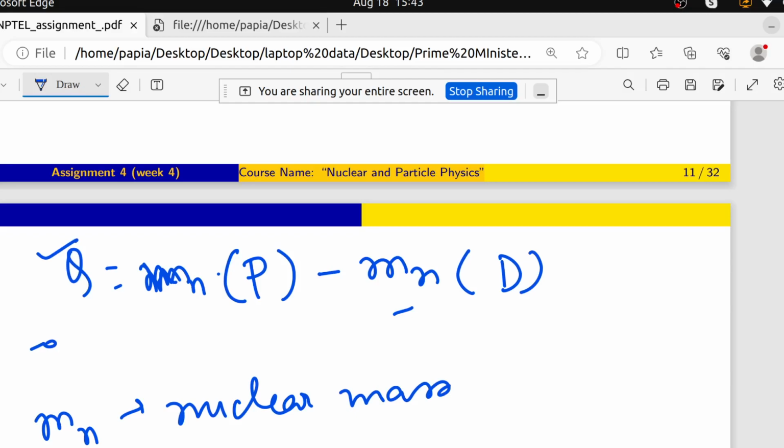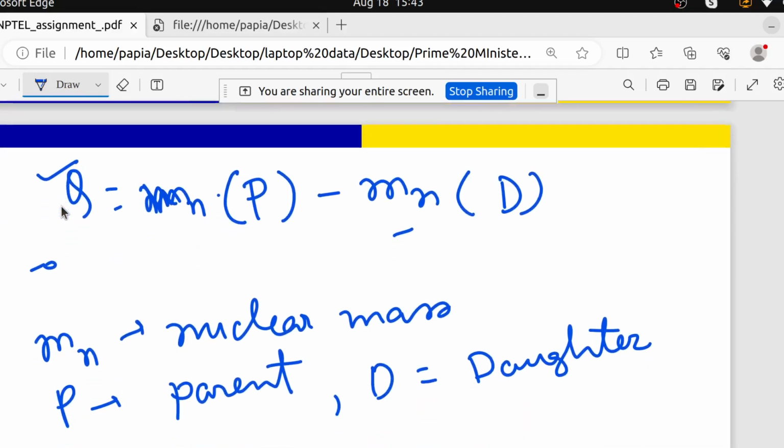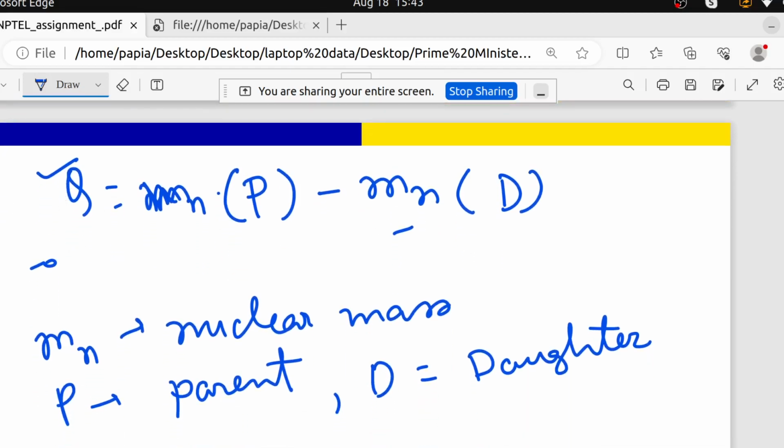So Mn is nuclear mass, P is for the parent particle, D is for the daughter particle or particles, whatever, if there are two or more than two, all the particles will be called D, and MnD will be the daughter particles' nuclear mass. Now if someone asks about atomic mass, let's say I am writing here atomic mass.